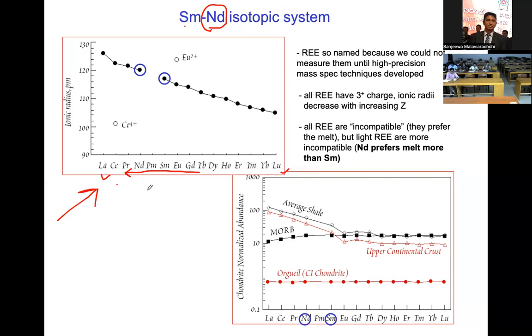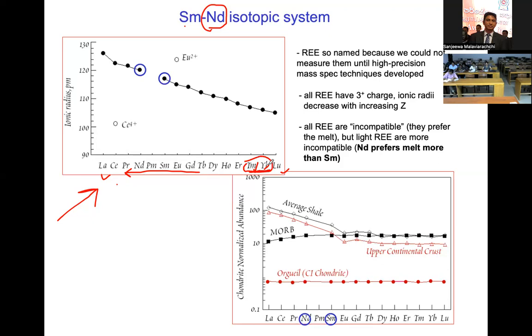If you consider relative incompatibility, whatever couple of elements you are considering, the left hand side one will be more incompatible. Even if you take two elements here on the right hand side, which are the least incompatible elements, if you want to compare their relative incompatibility, you will see the left hand side element, this one, is more incompatible than the right hand side element.